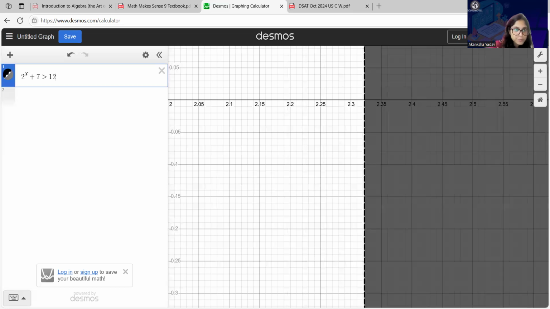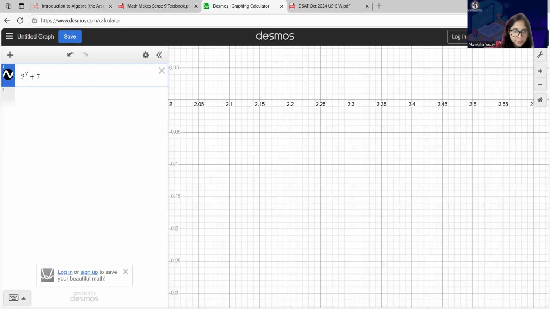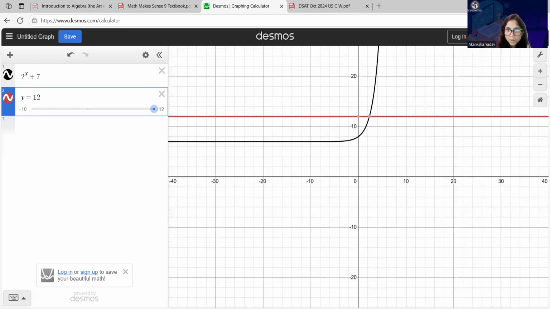Again, put this in the other line. 2.32193 is your starting point. So it has to be greater than 2.32193. Any doubt over here?